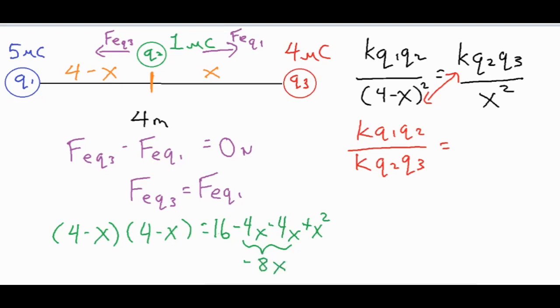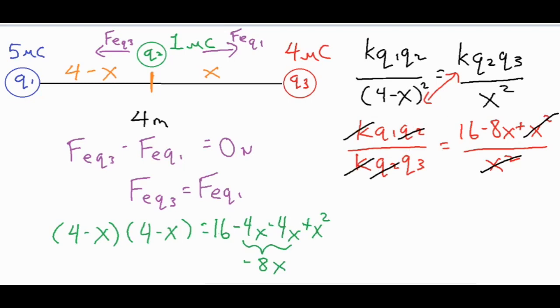All right, so let's take this 4 minus x squared and flip it up over here, but we're going to rewrite it as 16 minus 8x plus x squared all over x squared. So let's do some cancellations here. We can cancel out this x squared. We can cancel out our k constant and actually the Q2 as well.